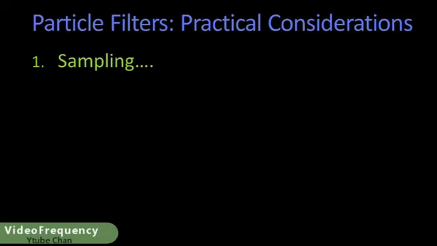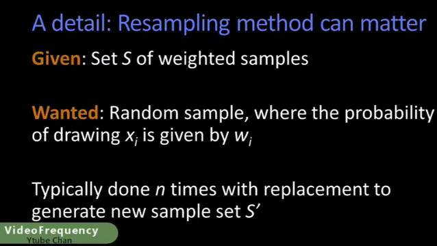Before ending this lesson, I want to talk about a couple of practical considerations of particle filters. And the first one involves sampling. As you can imagine, sampling is really important, okay? Because I have this set of samples, and every step I have to generate a new set of samples. So I have to resample it.